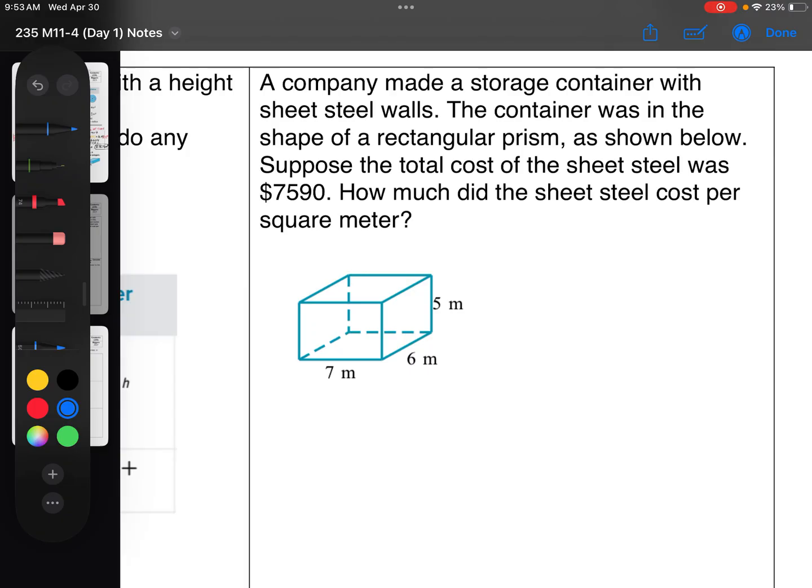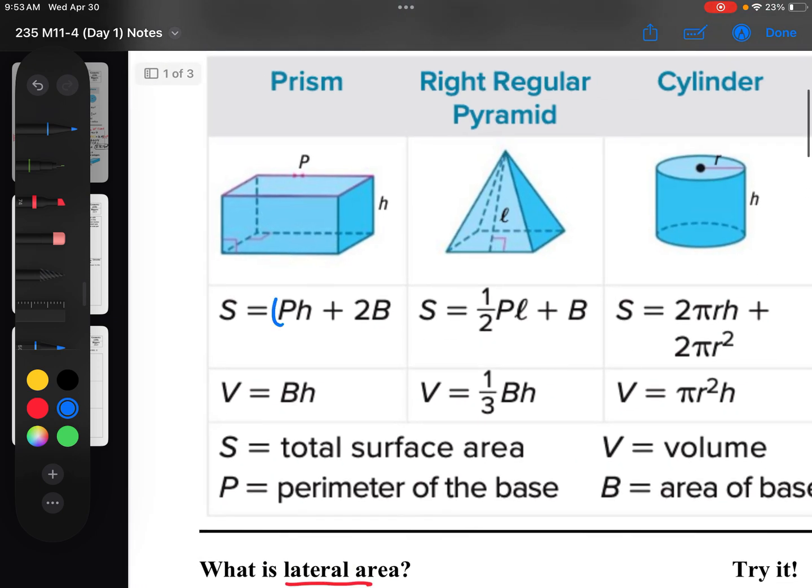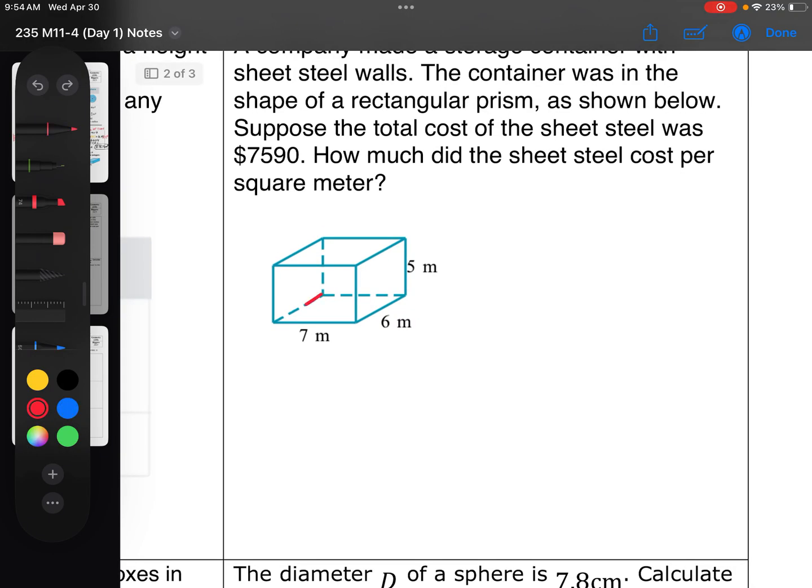So to find the surface area of this figure, you have to do the formula for surface area for a rectangular prism. So I'm going to find the perimeter of the base times the height plus 2 times the area of the base. So the perimeter of the base is going to be 6 plus 6 plus 7 plus 7. So 26.